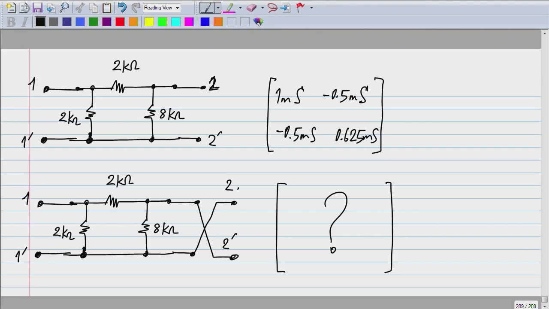So one of the answers is that it is exactly the same as before. Now I have changed the terminals 2 and 2 prime. Will it not make any difference? Another way to think about it is that now this is 2 and this is 2 prime.